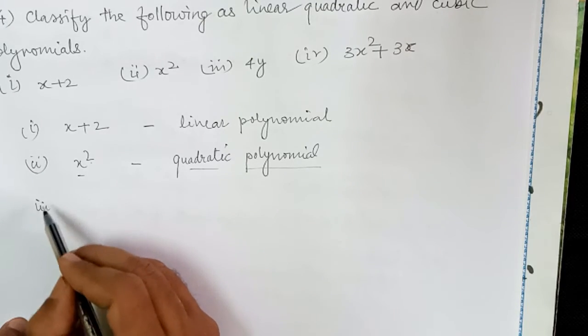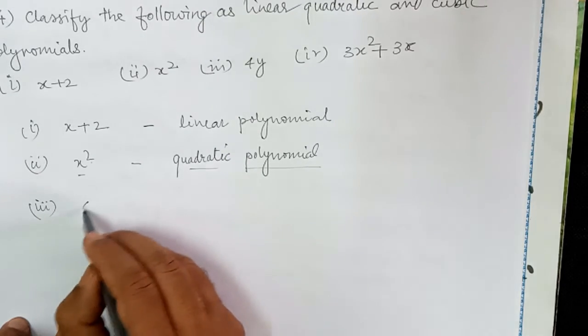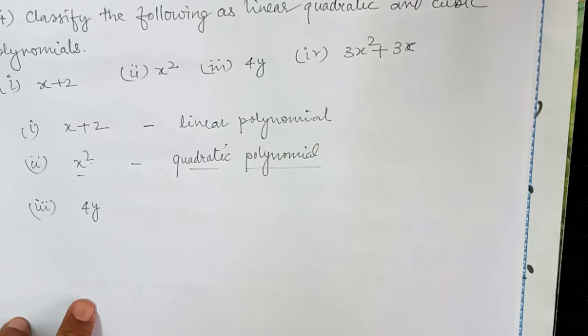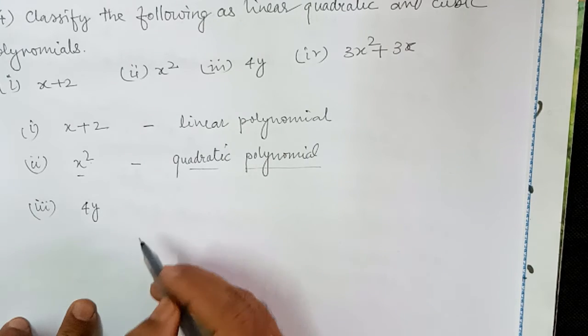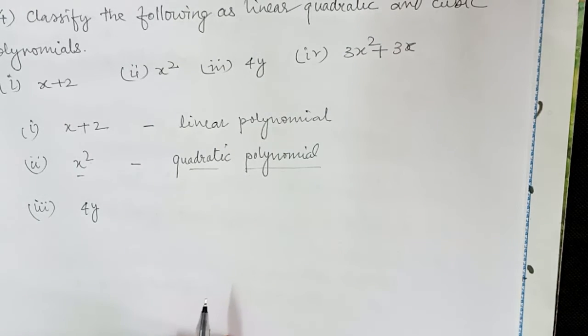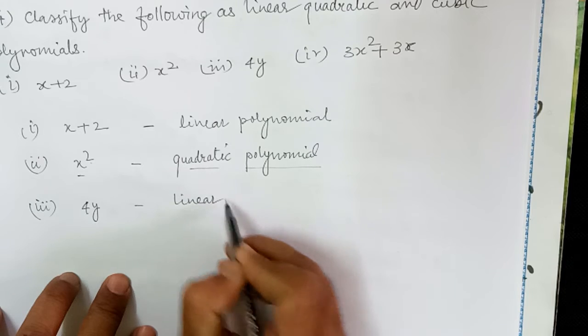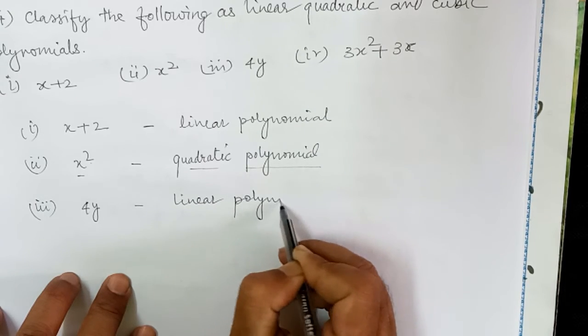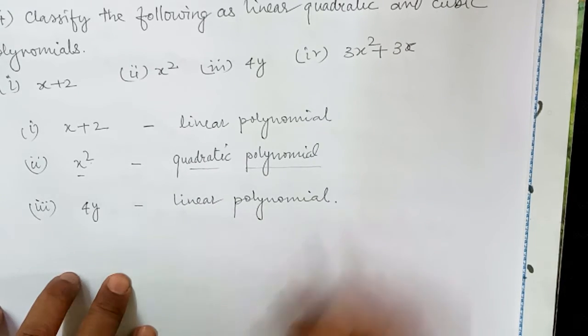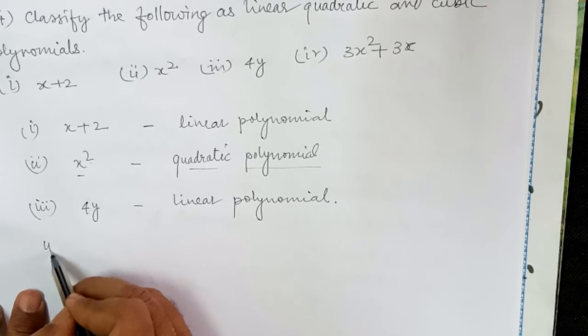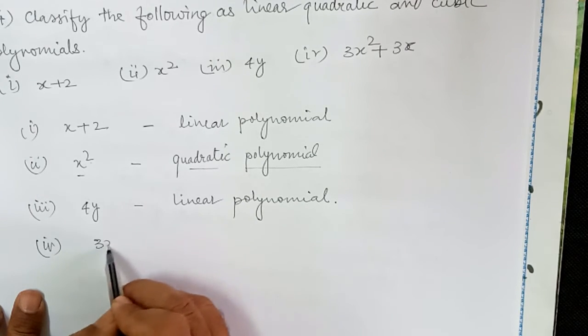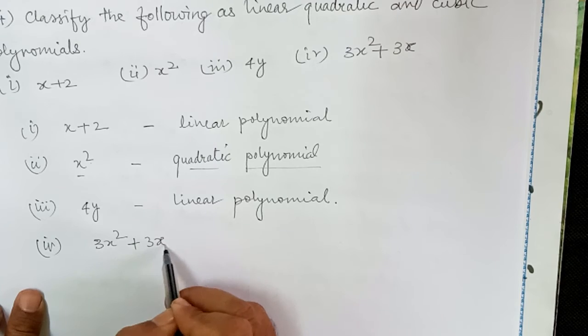Now if we go with the third one, that is 4 into y. See here, y has the highest power 1, so it is a linear polynomial. And the fourth question is 3x square plus 3x.